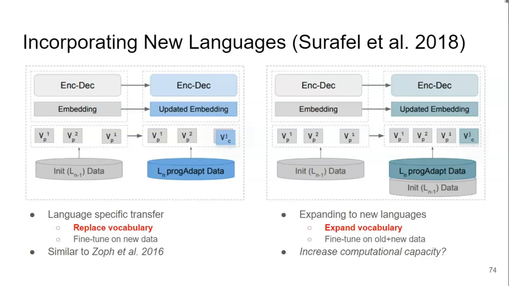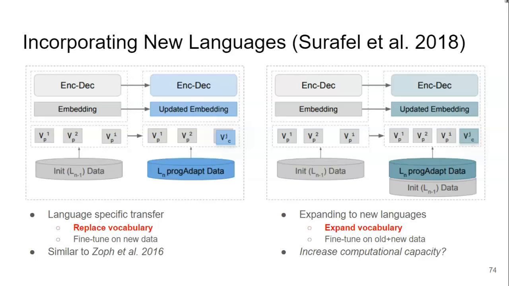When you have some new data coming in, it's possible that some of the old vocabulary may no longer be applicable, and some new vocabulary might be introduced. So all you have to do is replace the old vocabulary, introduce some new vocabulary, initialize the new vocabulary with some random embeddings, and then fine-tune on this new data. This method is similar to the transfer learning work done by Zoph et al.